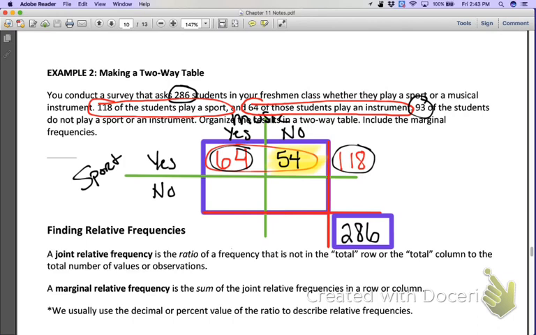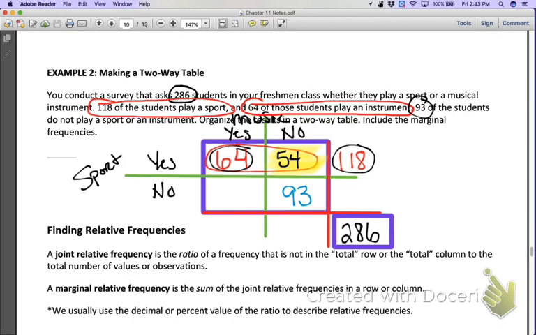So it says 93 students do not play a sport or an instrument. So it's going to go under the no. Well, you didn't answer the question that I was actually asking. Or what I was hoping to answer. So, that's all right. That's right.